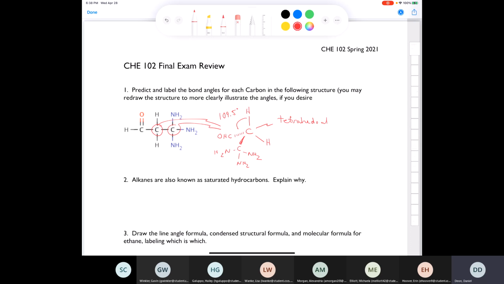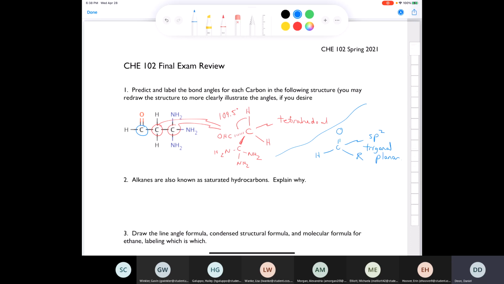However, the carbon I'm circling in blue, the carbonyl carbon, has 3 sigma bonds and 1 pi bond, so it's got a total of 3 regions of electron density surrounding it. If I draw the carbonyl like this, this is my aldehyde. This carbon is sp2 hybridized, and its molecular geometry is trigonal planar.